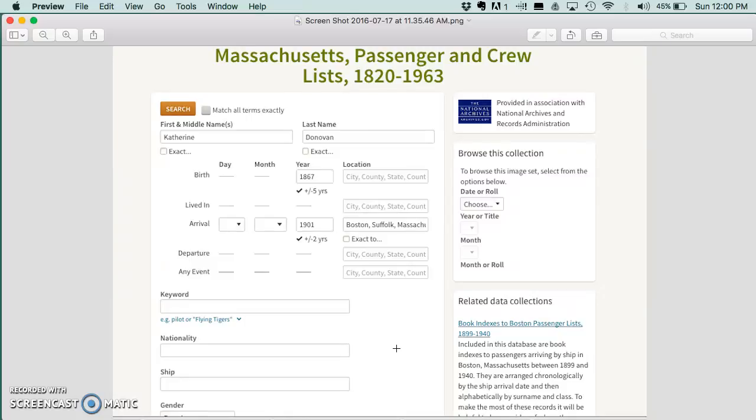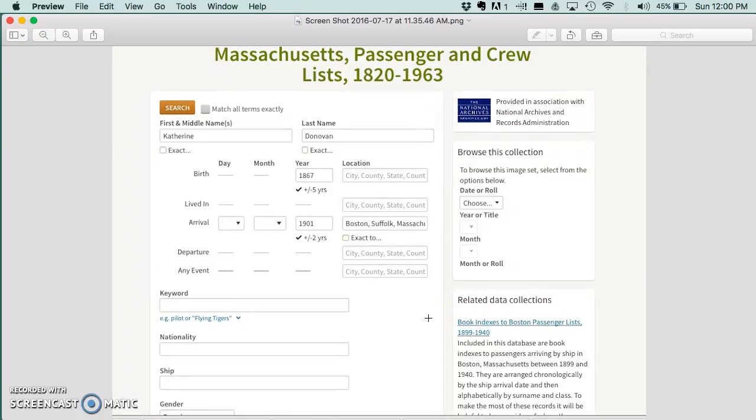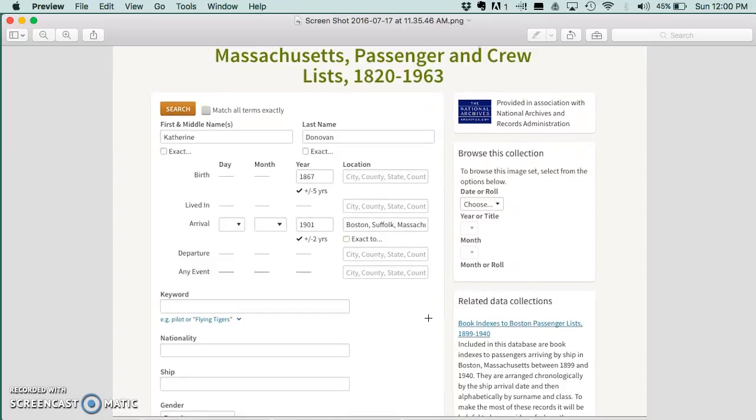And so it's helpful, at least at the beginning of a search, to not overly restrict the search to one port of entry by clicking exact for ports of entry, because that will overly limit the kinds of records that you find.